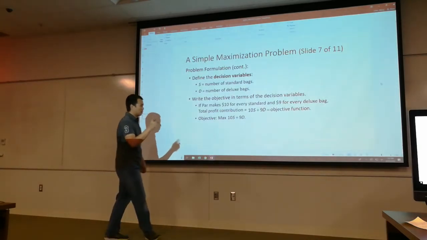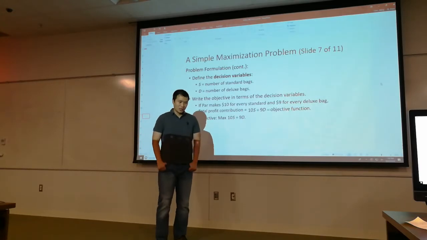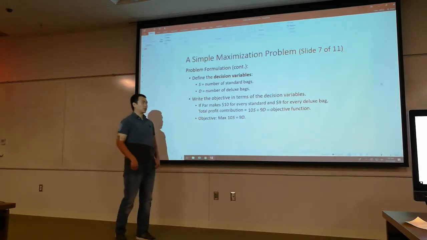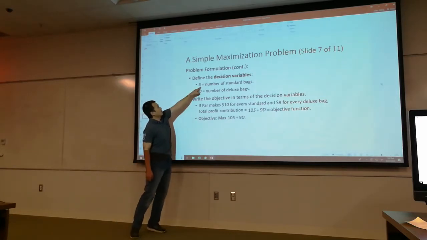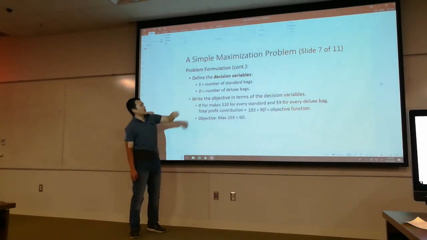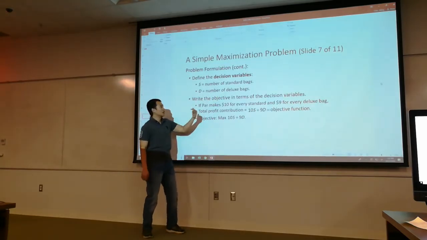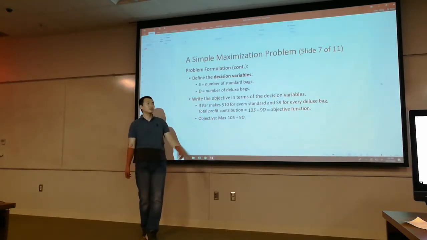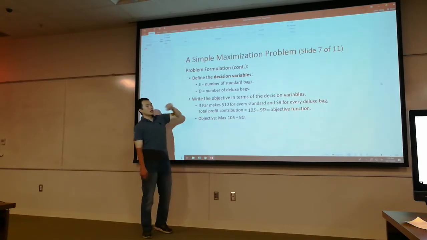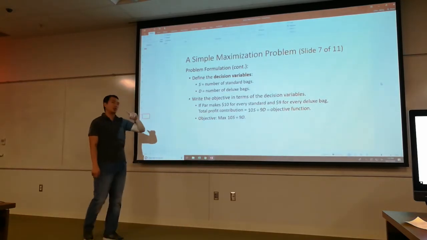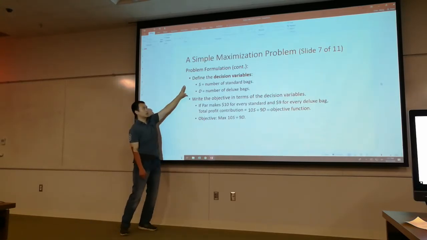So you just use the notations that are clear enough for you to catch. So if we want to define the number of standard bags, we just use S to denote the standard. Deluxe, use D. So those notations are the decision variables. How many standard bags, how many deluxe bags we want to produce. So those are decision variables.